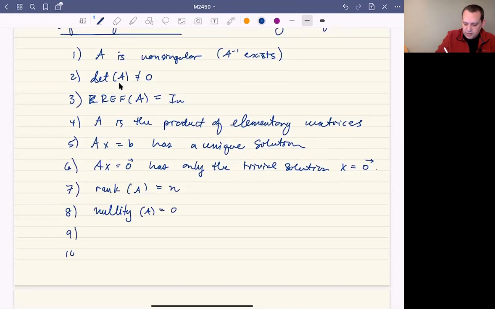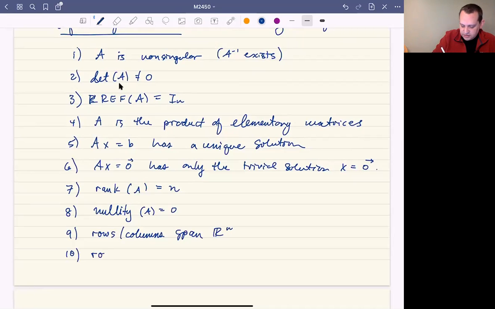And then I just want to think about what those two items are going to tell us. If the rank of A is n, the rank is the dimension of the row space or the column space, and that tells us that the rows or columns span Rn, depending on whether you're thinking of Rn as a set of column vectors or row vectors.